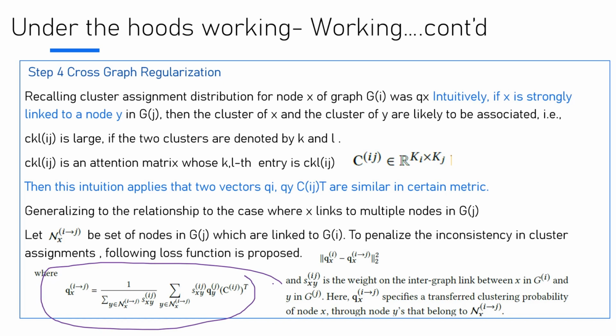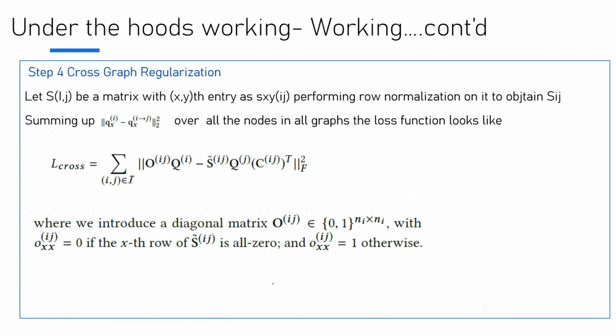And S_xy is a weight for intergraph link dependencies between x in G_i and y in G_j. The q_y specifies the transferred cluster probability of node x through node y that belongs to N_x^(i to j).